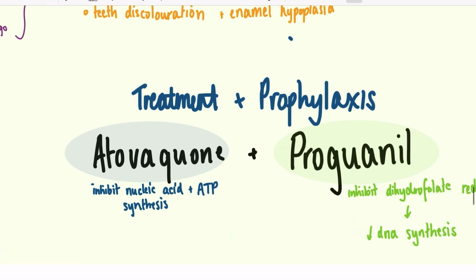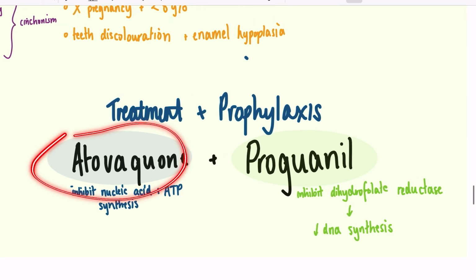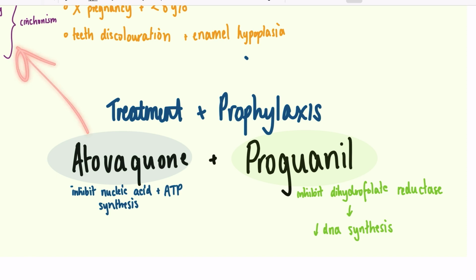And then finally, one other form of treatment and prophylaxis is atovaquone and proguanil, which don't have anything to do with heme polymerase, but they themselves prevent the function of the Plasmodium parasite.